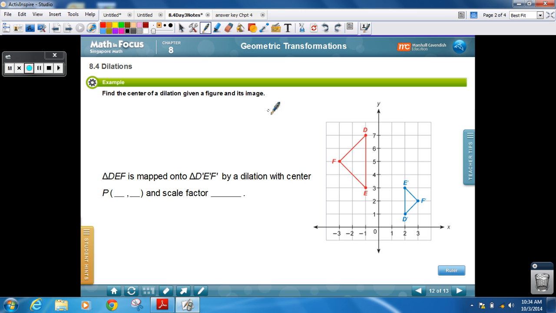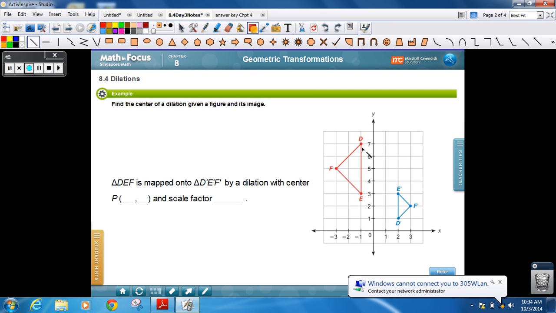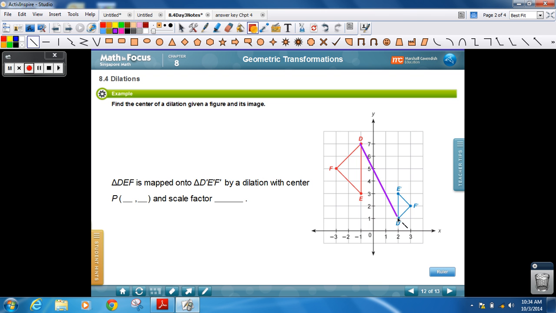Our next example is exactly the same thing. They just want to know what the center of dilation is and the scale factor. So you only have to connect 2 of the points, even though this is a triangle with 3, and it doesn't matter which 2. So I'm going to connect D to D primed and E to E primed.